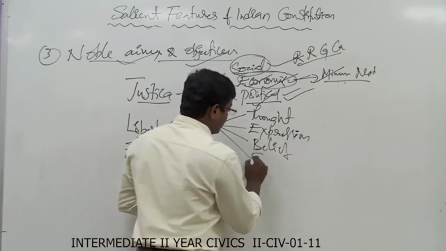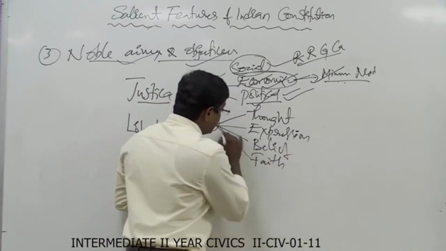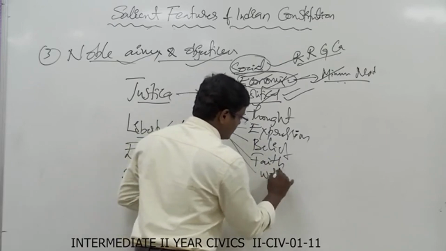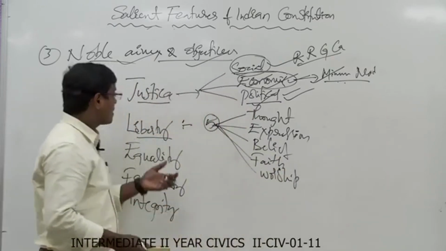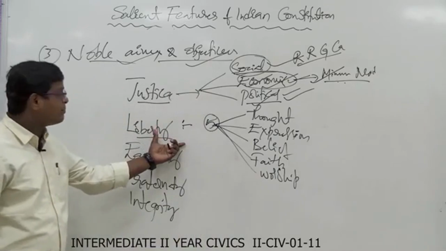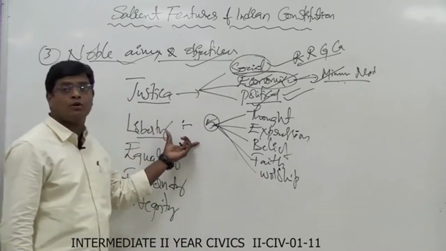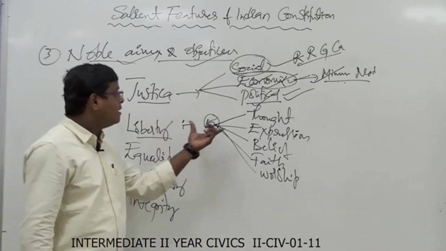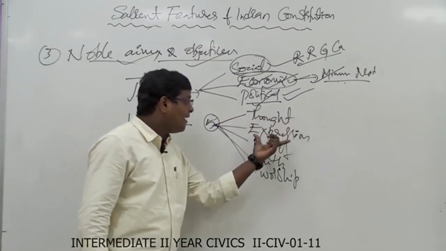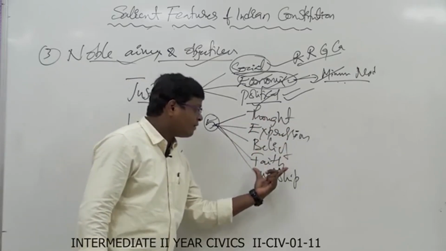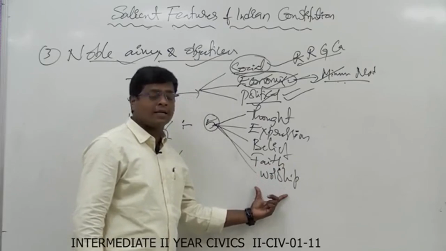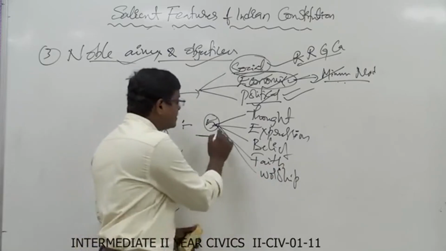Liberty of faith. Liberty of worship. Keep in mind, our Constitution of India, especially the Preamble of India, provides liberty to the people of India in the matters of thought, expression, belief, faith and worship. Understood? Liberty on 5 matters.